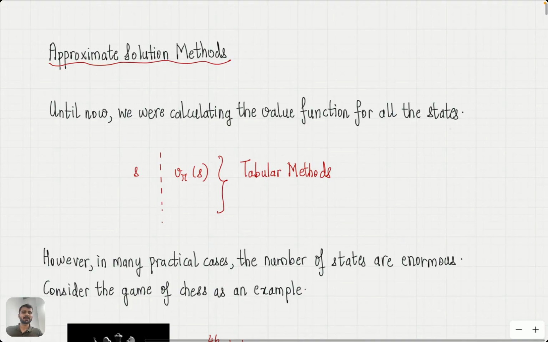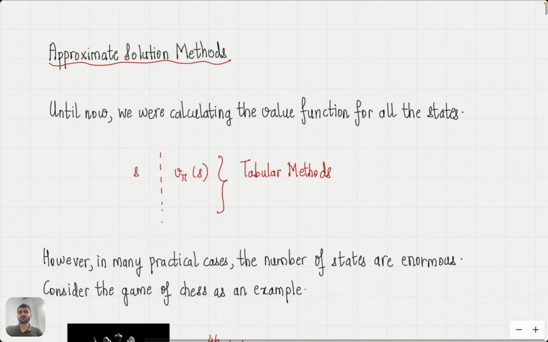In all of these methods, we looked at a way of measuring the value function for a given state. In the dynamic programming methods, the value function was estimated using a set of equations called the Bellman equation. So we had the exact solution for the value function of all the states.